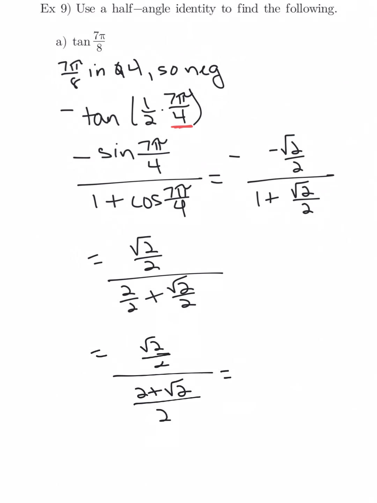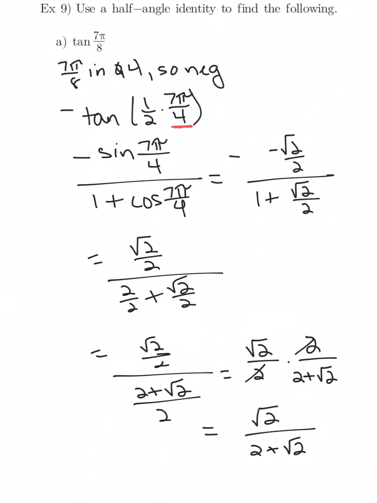Flip and multiply by the denominator, so we have the square root of 2 over 2 times 2 over 2 plus the square root of 2. 2 over 2 equals 1. We are left with then the square root of 2 over 2 plus the square root of 2.